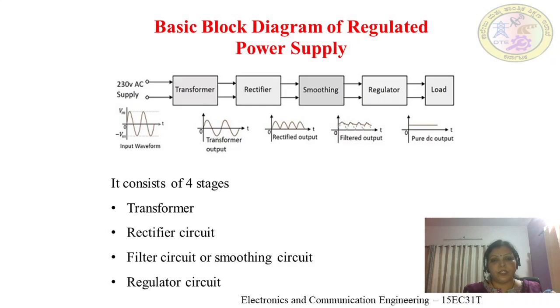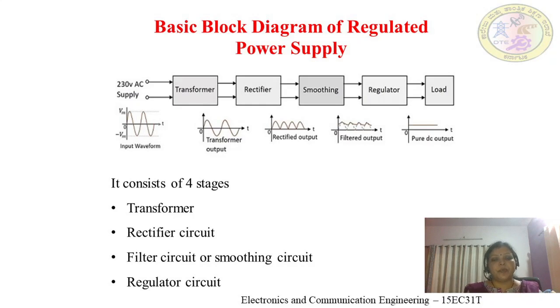The transformer will not change the frequency or the nature of the waveform across its secondary, but it simply reduces its magnitude. So the amount of voltage is reduced, but the frequency and the shape of the waveform remain the same across the output of the transformer.